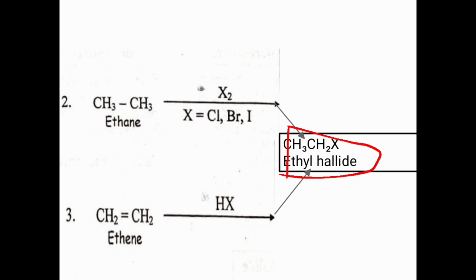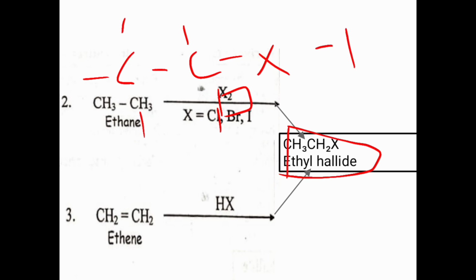Now how does the reaction take place? Suppose this is ethane with two carbons, I'm so sorry for the writing, reacting with X2, that is Cl2, normal chlorine. Then one chlorine will substitute any of the hydrogens. Suppose it has substituted here, then the hydrogen removed will get combined with the remaining X part of this chlorine, Cl2.